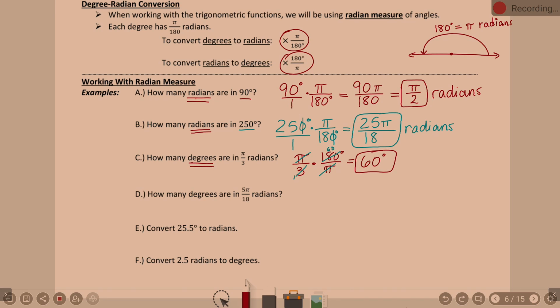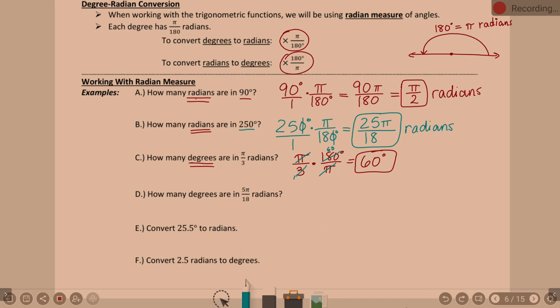And when you go around the unit circle, you're going counterclockwise. So notice if you go up from 0 to pi over 3, does that look like a 60-degree angle? You're going from 3 o'clock up to about 1 o'clock or so. Just to kind of orient you a little bit there. Okay, D.